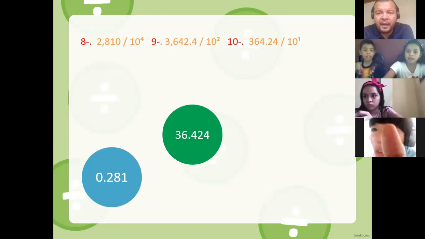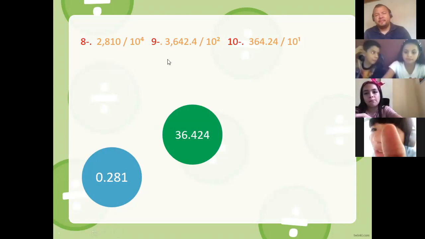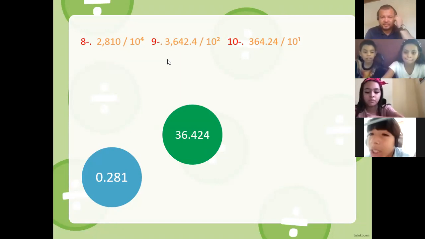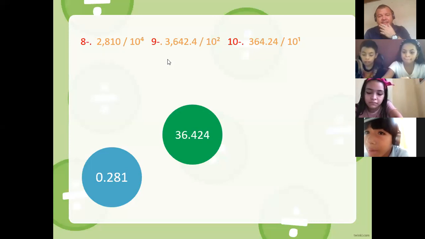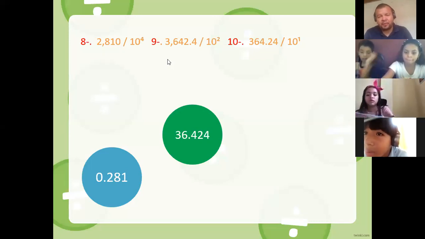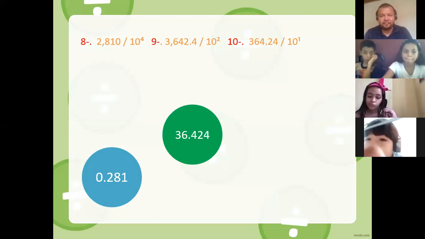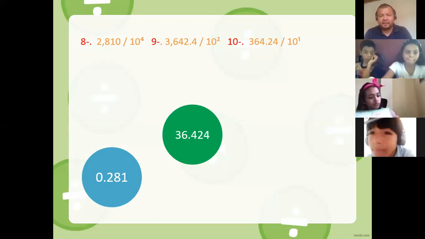And number 10: 364.24 divided by 10 exponent 1. And the answer is 36.424.